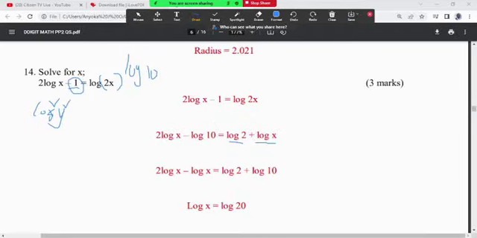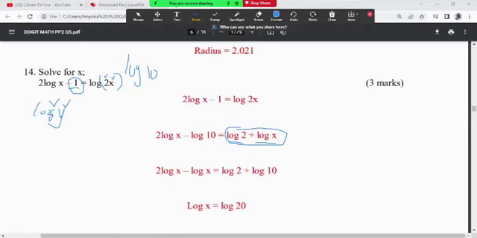So we have 2x. So it is the logarithm of 2 plus the logarithm of x. This is what we have here. Then we factor out logarithm. We take log 10. This one is log 2.